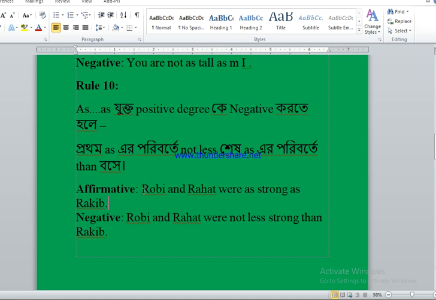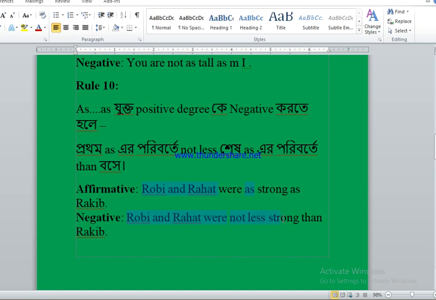Ravi and Rahat were as strong as Rakib. Okay, Ravi and Rahat come as the subject in the negative sentence. Then you will use the verb. As turns into not less in your negative sentence.